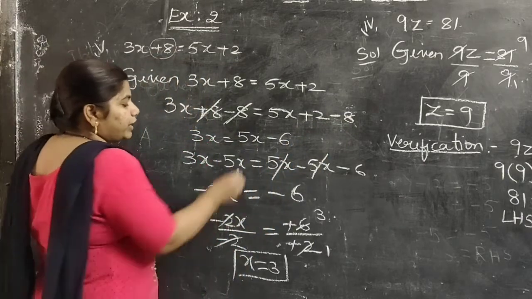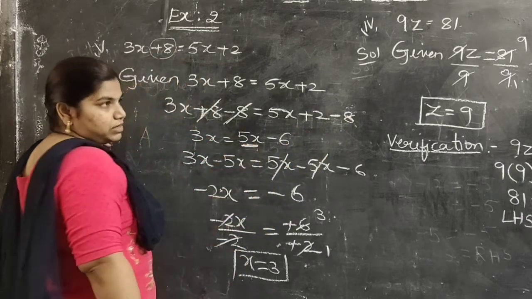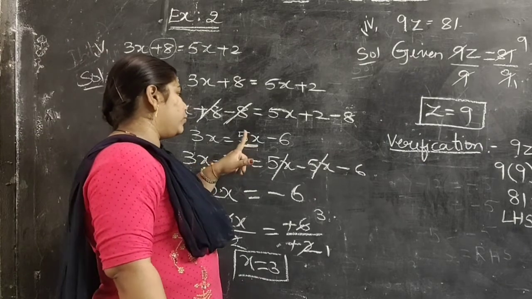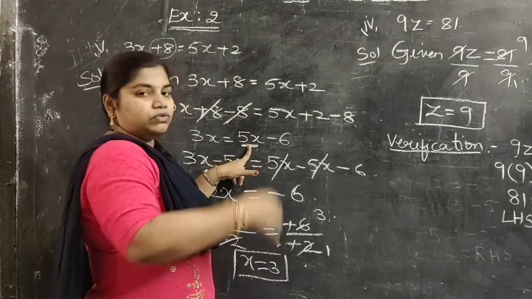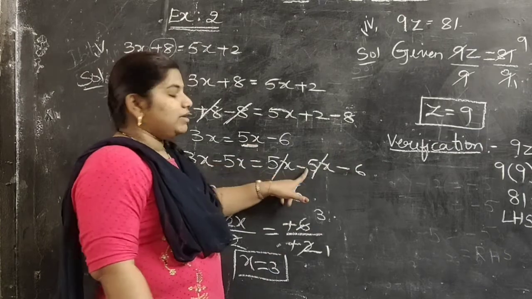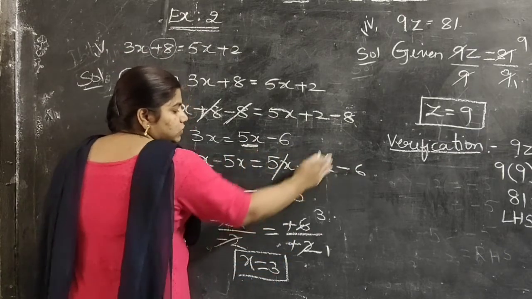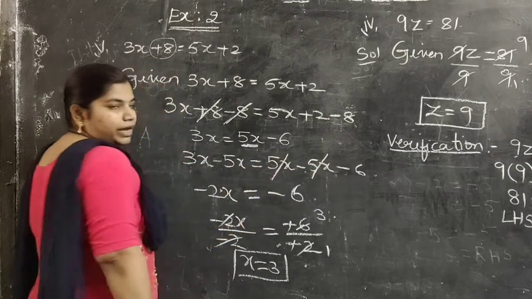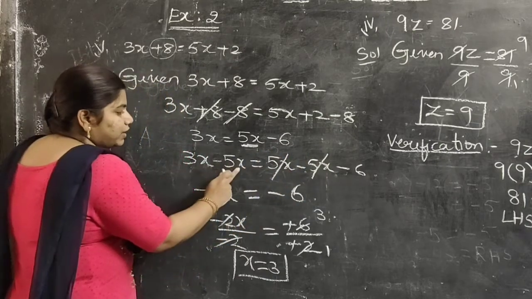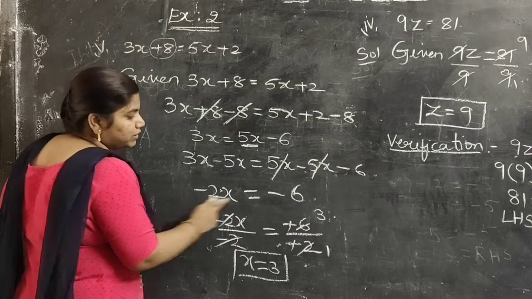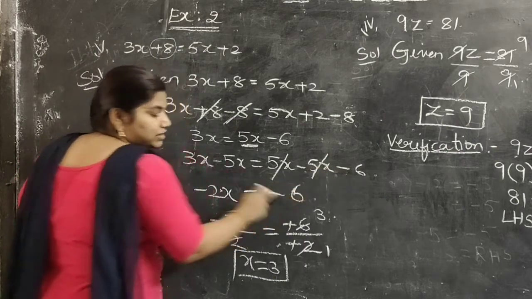Now which value do I want to eliminate? I want to eliminate this 5x. If I want to eliminate this plus 5x, which value do I have to add? That is minus 5x. So minus 5x I am adding on both sides. So minus 5x plus 5x will get cancelled. So 3x minus 5x will be minus 2x is equal to minus 6.